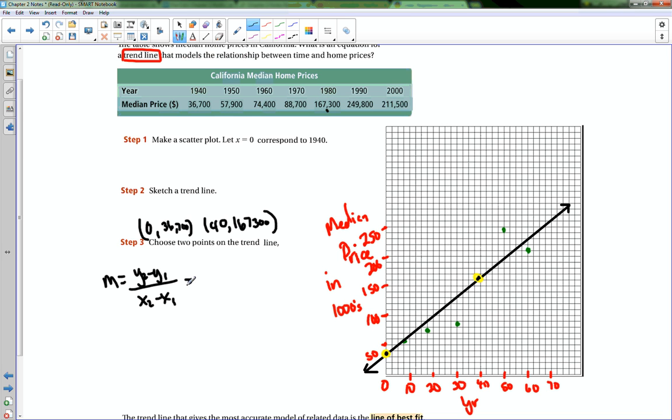So we're going to find the slope of our line. So here is y2, 167,300 minus y1, 36,700, divided by x2 minus x1. So our slope is 130,600 divided by 40.